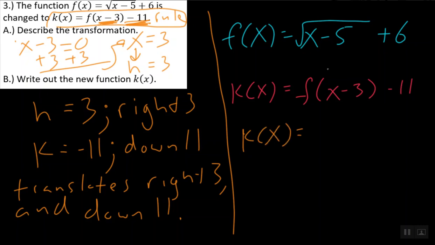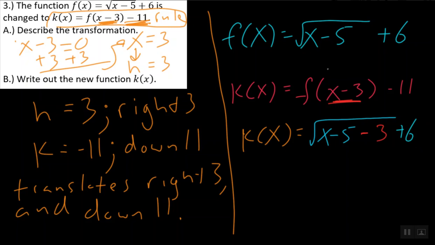It will be this. We'll say, hey, since our original function is x minus 5, I notice here that there's a minus 3 added inside the parentheses. So inside the grouping, I'll have to put minus 3. And on the outside, we have our plus 6.